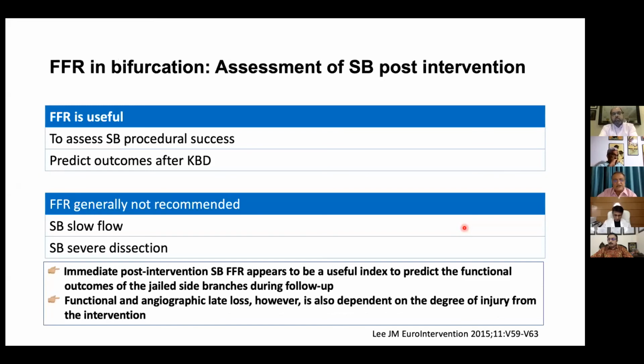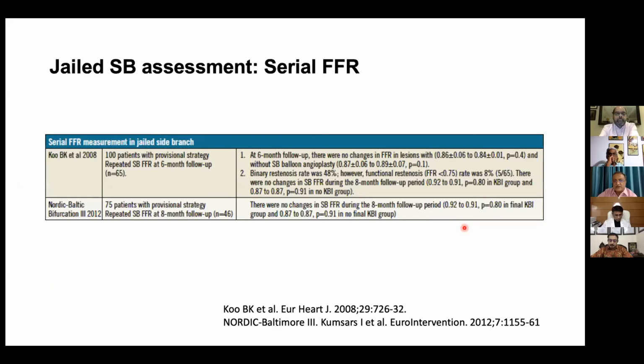So immediate post-intervention side branch FFR is a very useful index to predict the functional outcomes of jailed side branches during the follow-up. However, one must remember the functional and angiographic late loss is dependent on the degree of injury from the intervention. So these are two studies. One is by Koo in 2008, and another is the Nordic-Baltic Bifurcation 3 study.